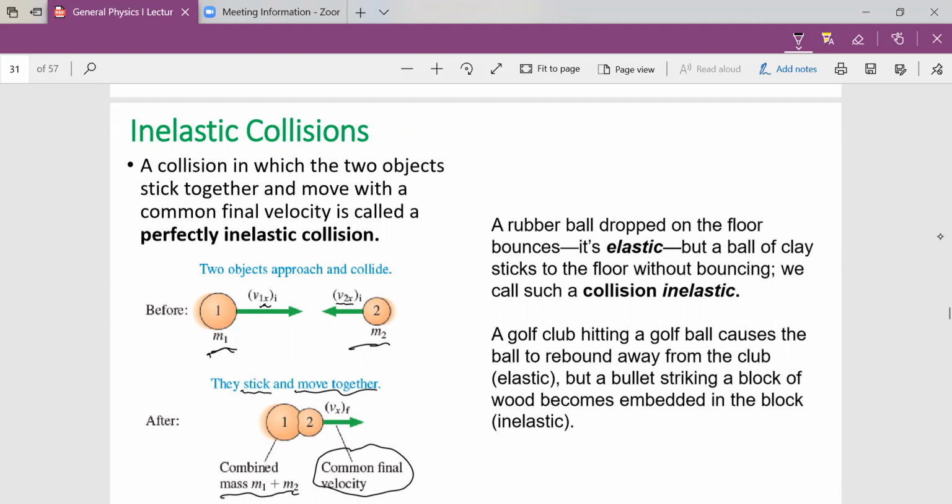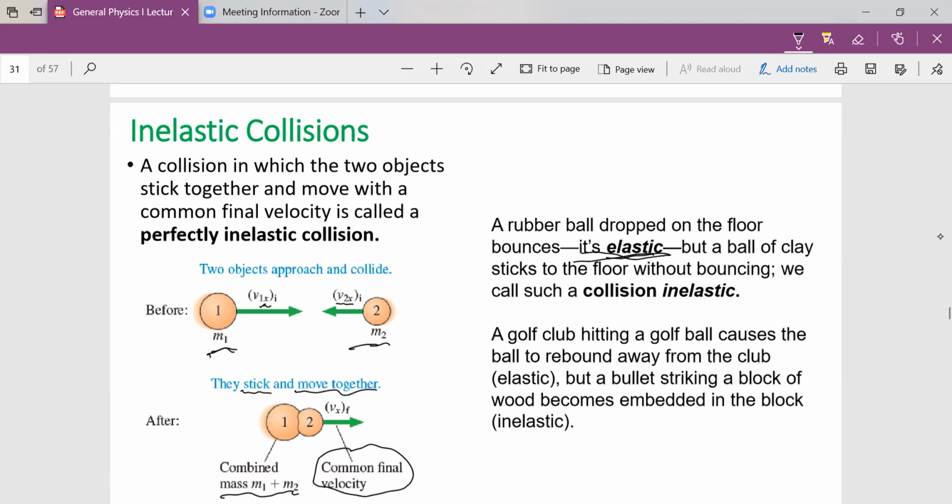But whenever there's a collision and the objects bounce apart, we say such collision is elastic. All right, so that's the major difference between inelastic and elastic. For elastic, they can change the direction of motion, but they don't stick together, they don't move with common velocity. But for inelastic, they stick together and move with common velocity.